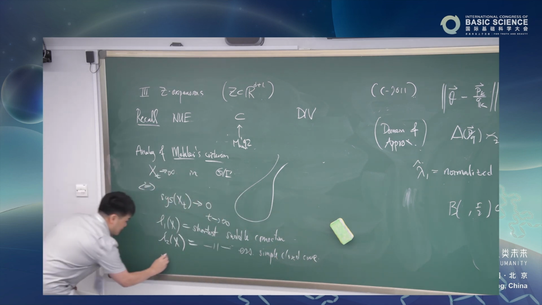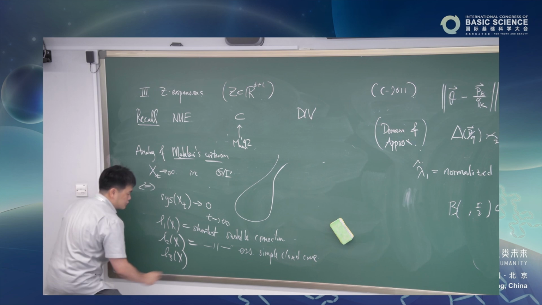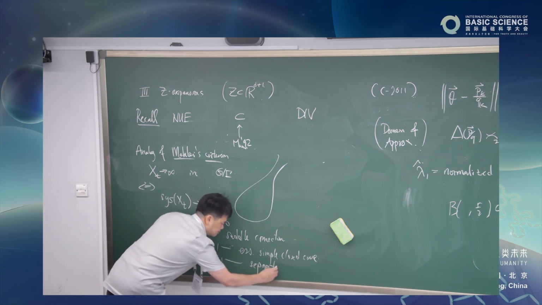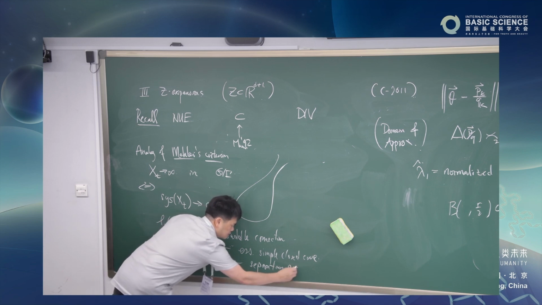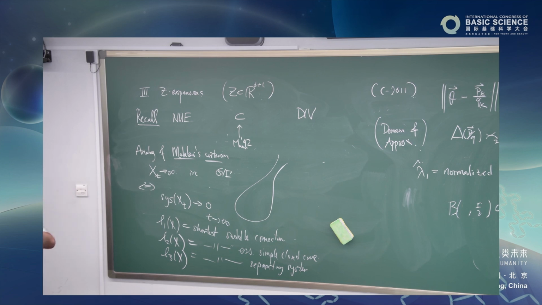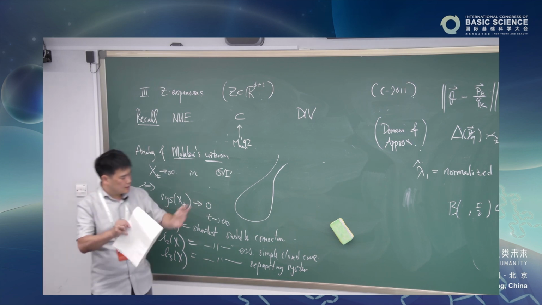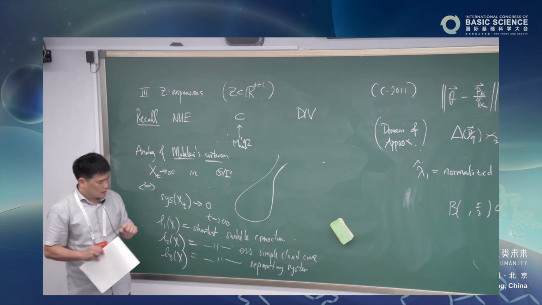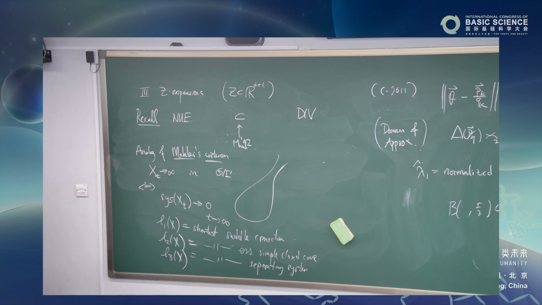And then you could even measure the shortest, what's called a separating system. On a high genus surface, a simple closed curve may not separate the surface. So you can require that the complement has more than one component; that is a separating system.